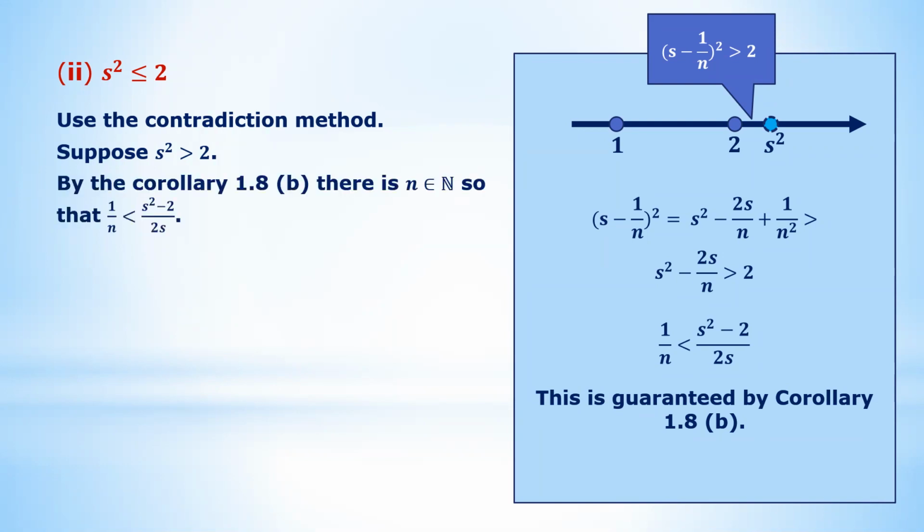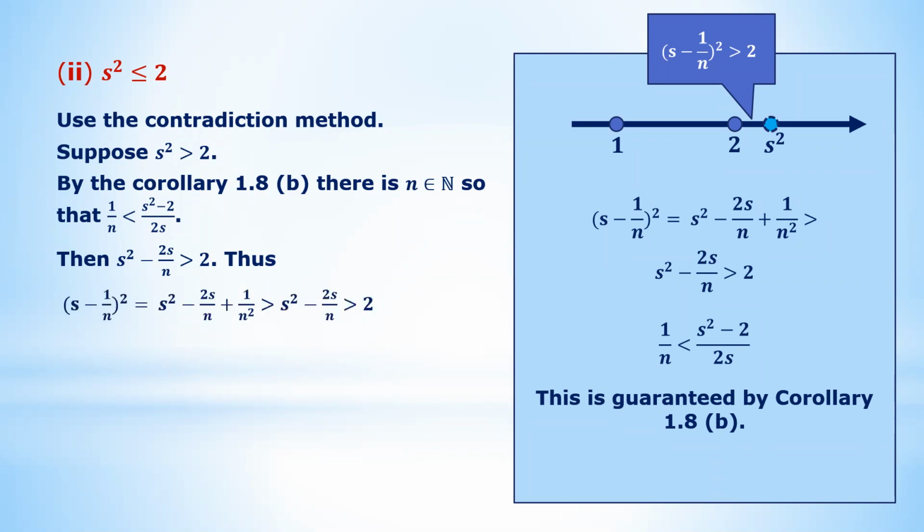So you can say that by the corollary 1.ab, there is n such that 1 over n is less than (s squared minus 2) divided by 2s. Okay, so this is guaranteed by this corollary. Now because of this, you work backwards, so you can see that s squared minus 2s divided by n is greater than 2.